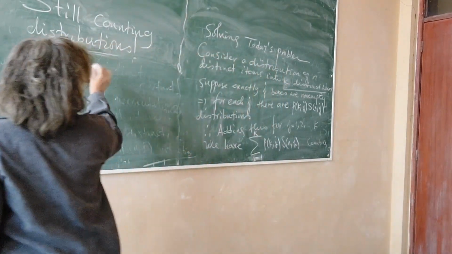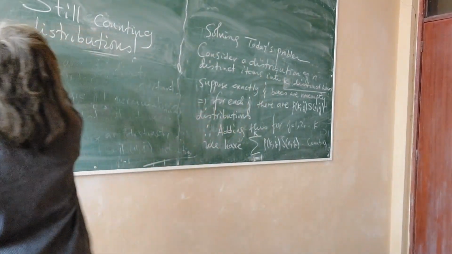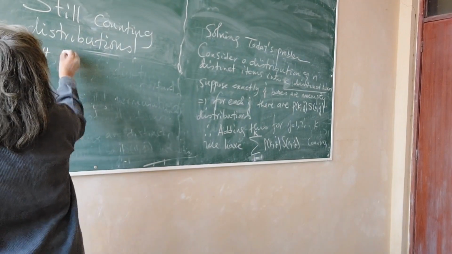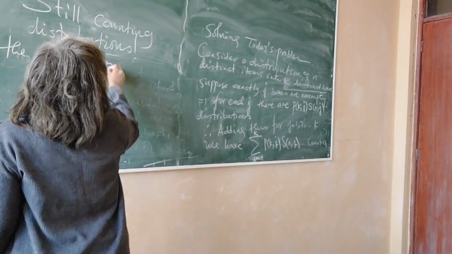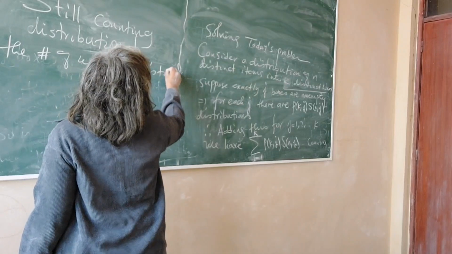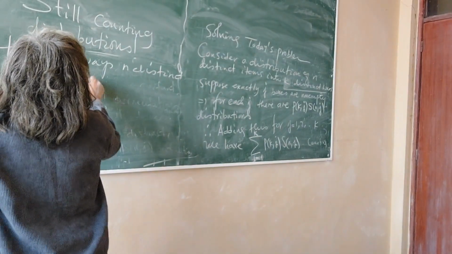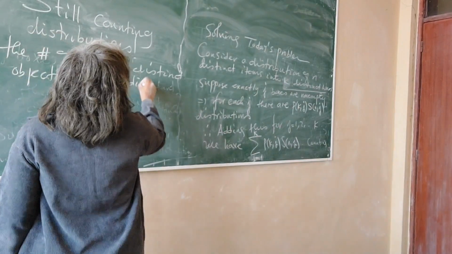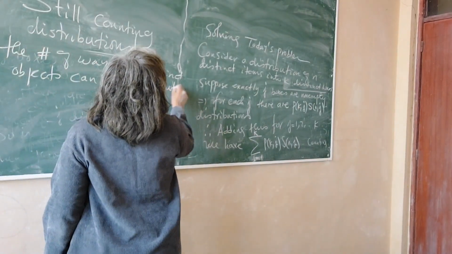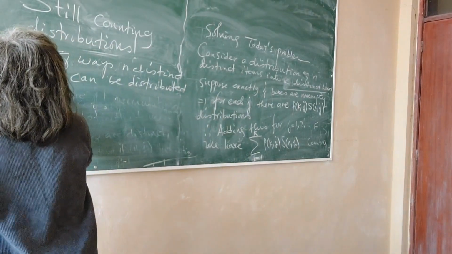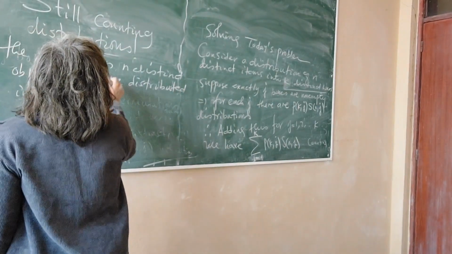So you see, we have that number counting the number of ways n distinct objects can be distributed into k distinct boxes.